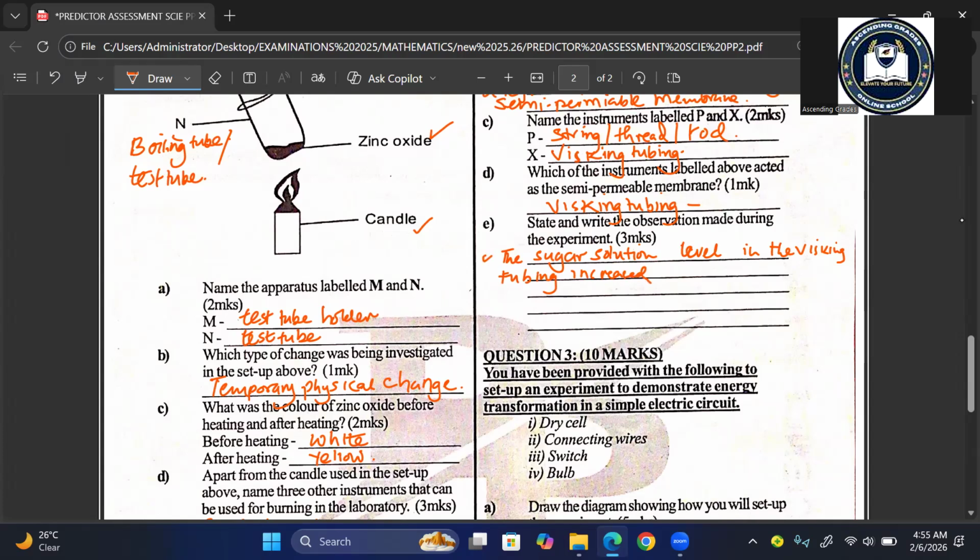Or you can just say the water moved into the Visking tubing.